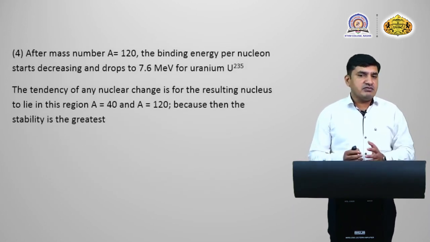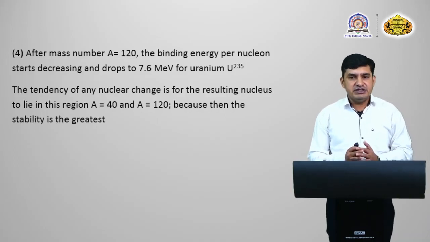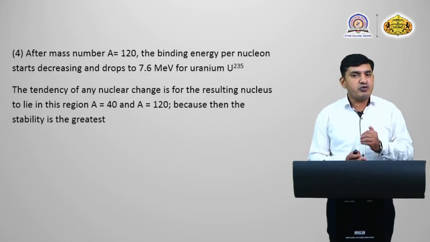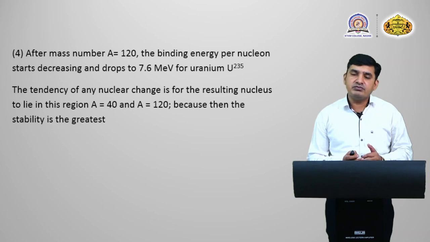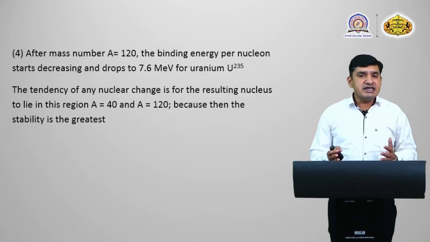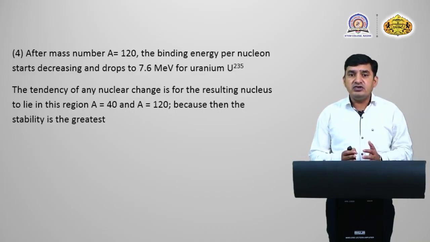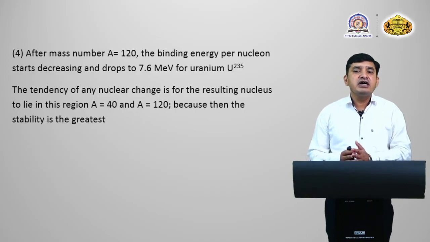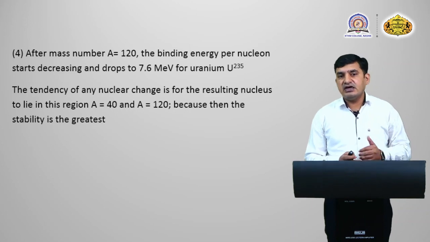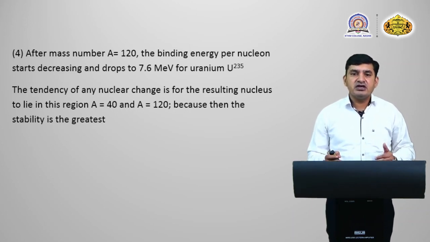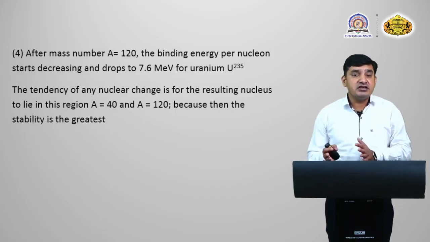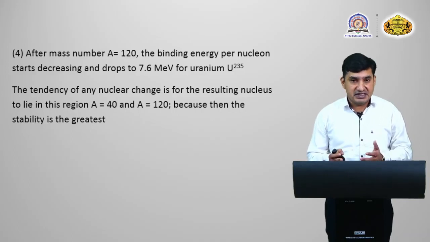After mass number 120, the binding energy per nucleon decreases and drops to 7.6 mega electron volt for uranium 235, or we can say uranium 238. The tendency of any nuclear change is for the resulting nucleus to lie in the region between mass number 40 and mass number 120, because then the stability is greatest.